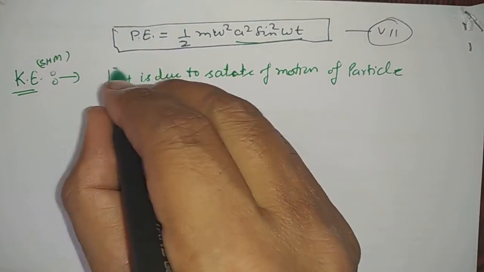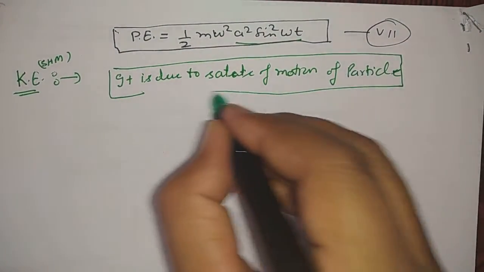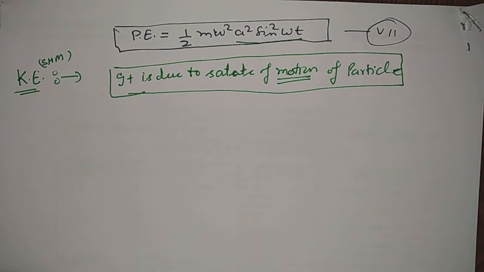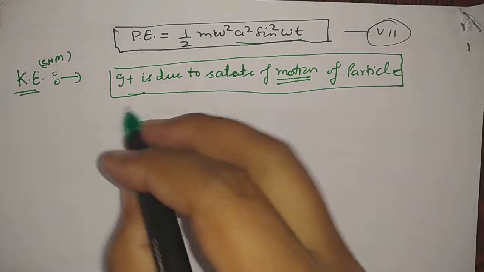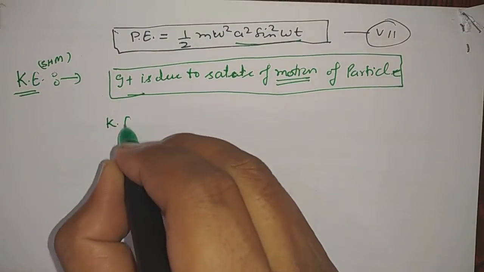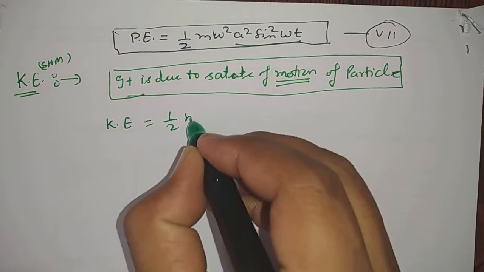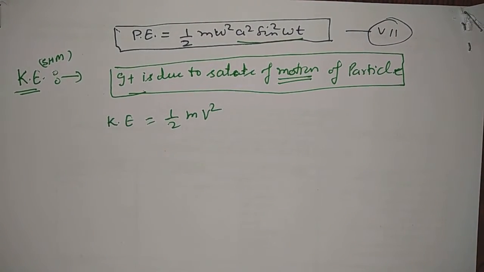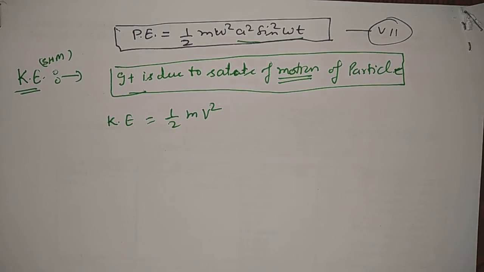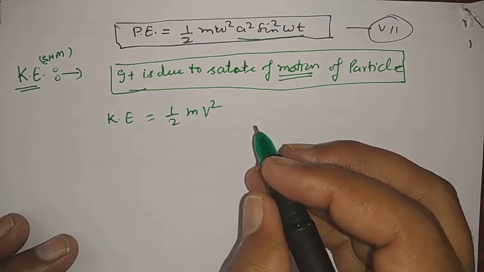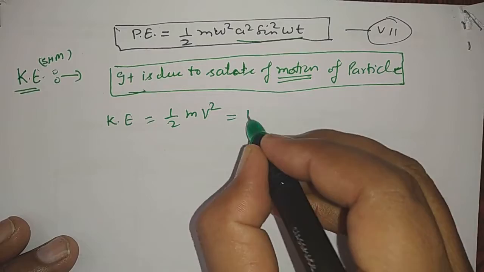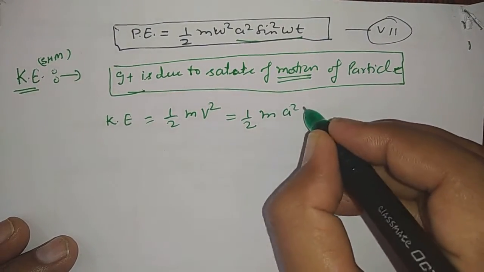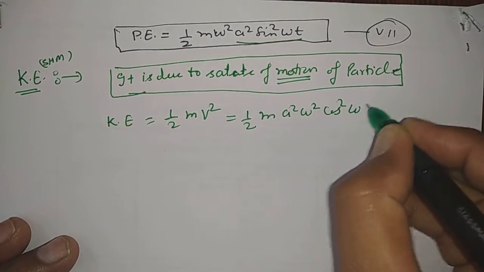When the particle oscillates, it comes under a state of motion. Whatever energy is due to the state of motion is called kinetic energy, and it is given by the formula half m v square. Now putting the value of velocity, a omega cos omega t, it can be written as half m a square omega square cos square omega t.